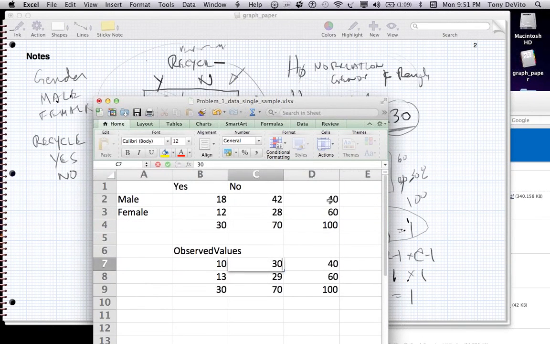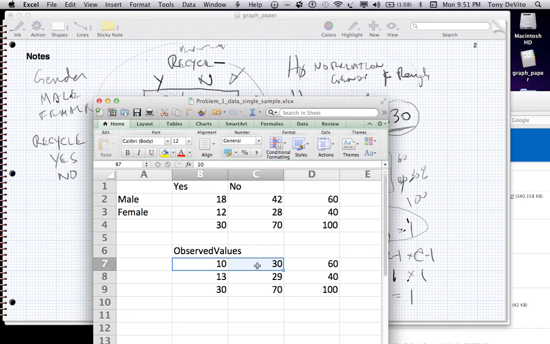Let me match what I have up on top. 60 and 40. So let's say that I get observed values that look something like this.